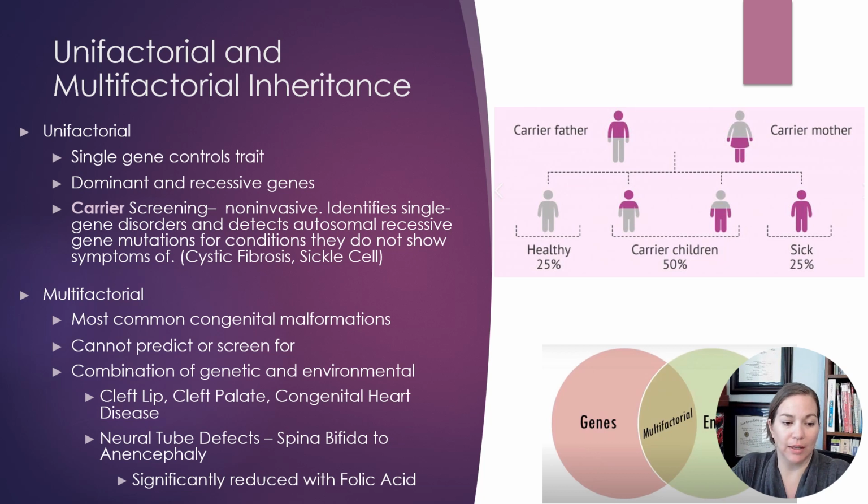Neural tube defects, same thing. Spina bifida and anencephaly, folic acid can significantly reduce the incidence of neural tube defects when taken, especially before pregnancy begins, because most of the time the spinal column is already fully formed by the time we know we're pregnant.